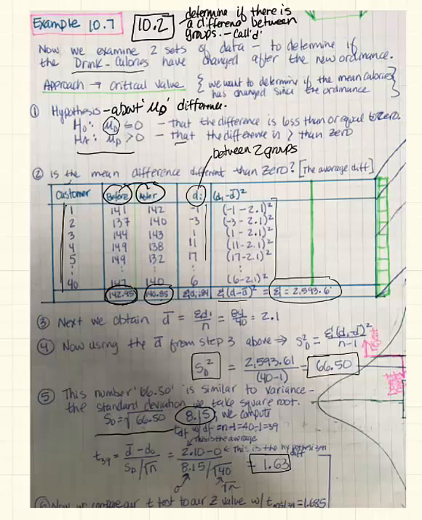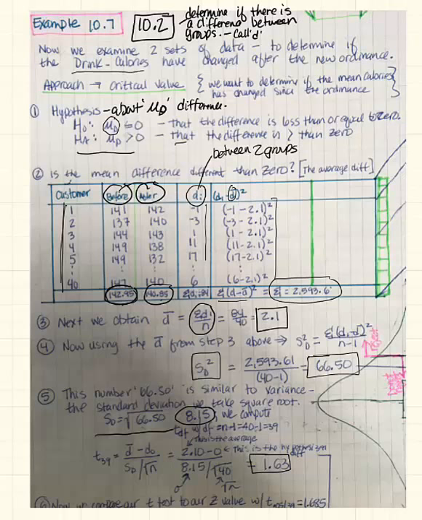It's a lot like calculating the standard deviation. Here we have the difference between 141 and 142, and 137 and 140, etc. We add that down, we get 84, and then we divide by n to get 2.1, and that is the average difference, so D bar right there.